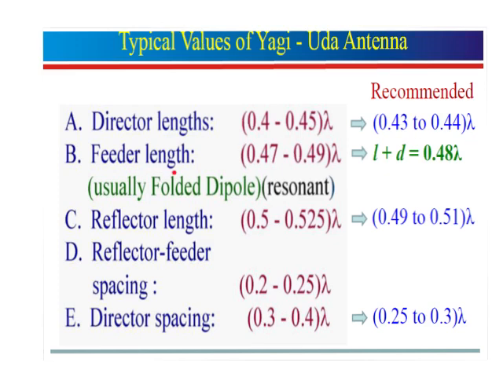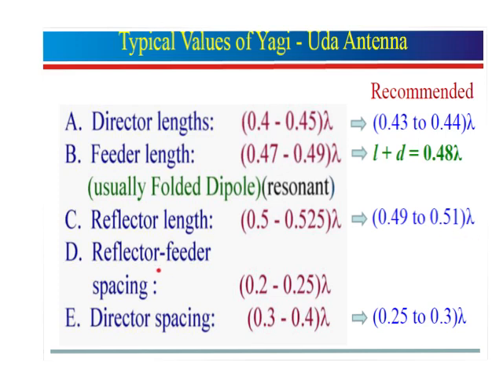Similarly, the feeder length, which is usually a folded dipole, is 0.47 to 0.49 lambda, and the recommended value is 0.48 lambda. Coming to the reflector length, it is in the order of 0.5 to 0.525 lambda, and the recommended value is 0.49 to 0.51 lambda.